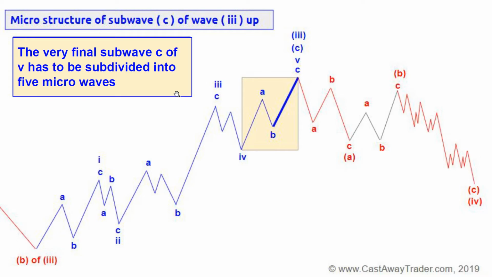So this is our second tool for focusing on the top of subwave C of 3. The first one was the extension of subwave A projected from the bottom of subwave B, and the second tool is to count microwaves inside that final subwave C of 5.